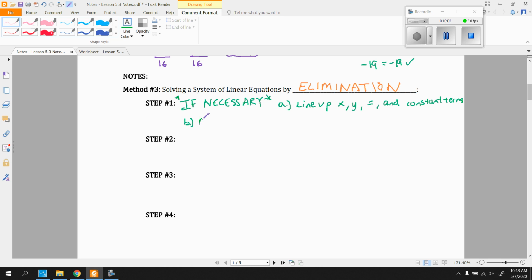If necessary, multiply one or both equations by a number to get opposite coefficients on one of the variables.